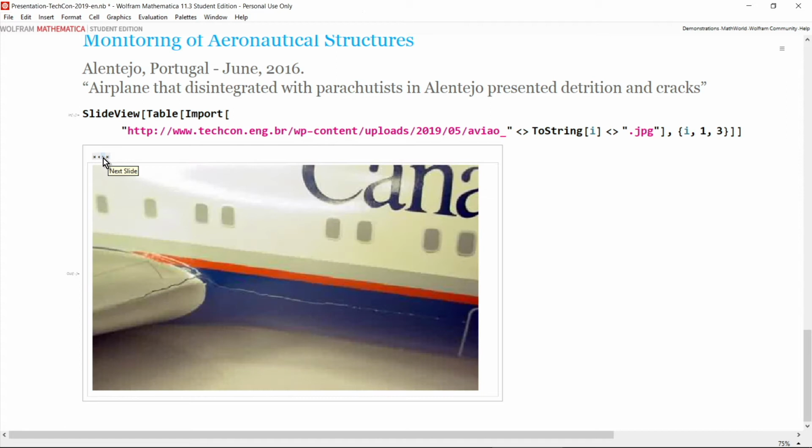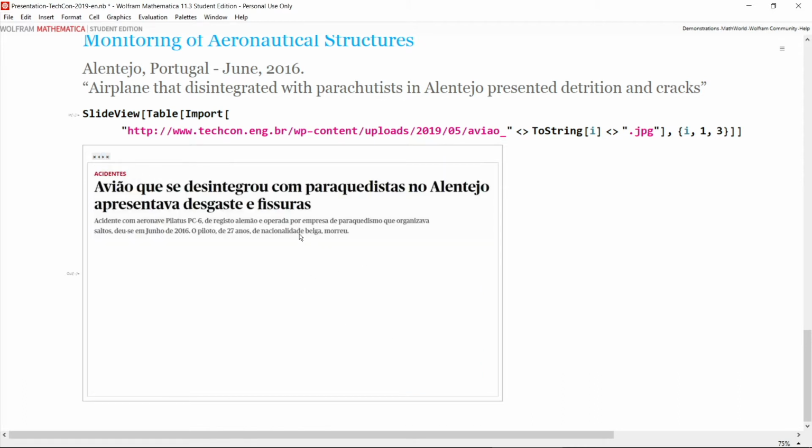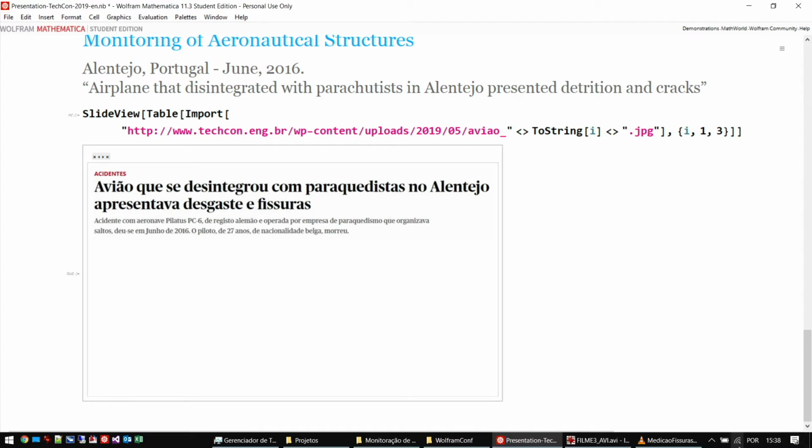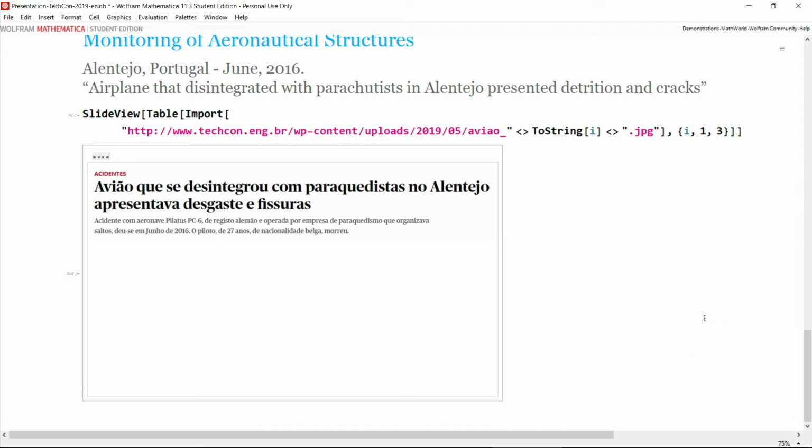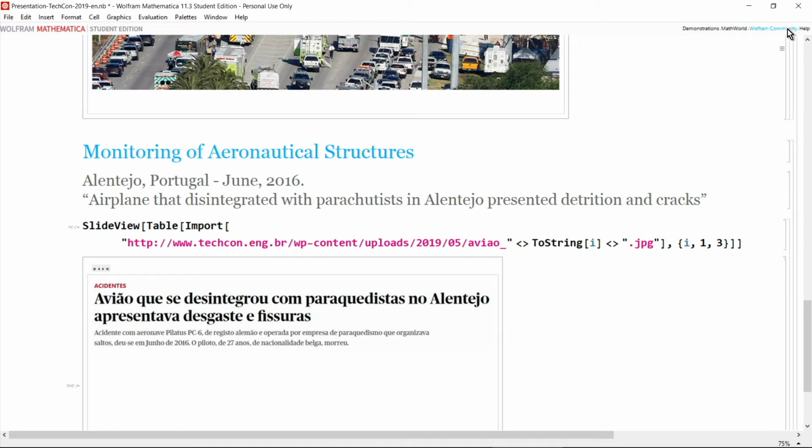This is not the plane of the disaster, but this is the news that says the airplane disintegrated in the air, and the inspection presented destruction and cracks. So this is a little of the importance of our method.